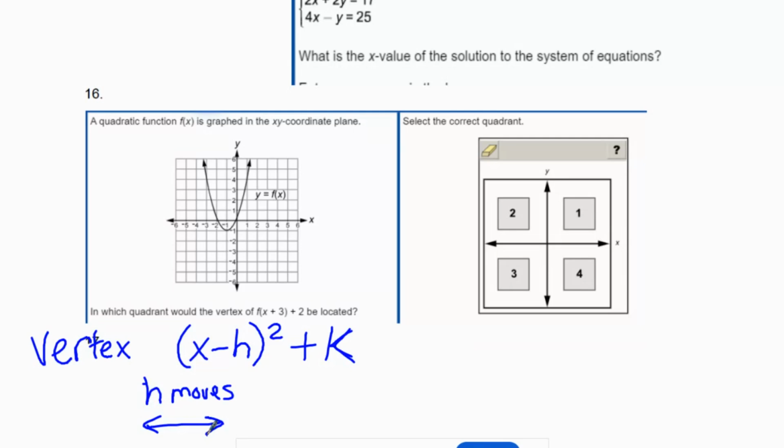Since what's inside these parentheses has a minus sign, it's the opposite direction of that sign. So a minus is actually going to go to the right, and a plus to the left.